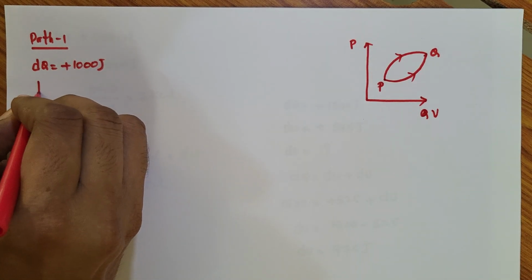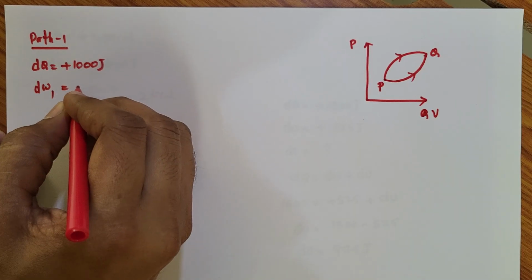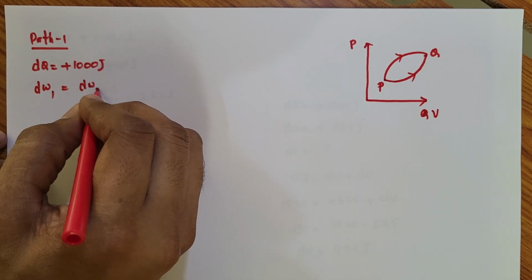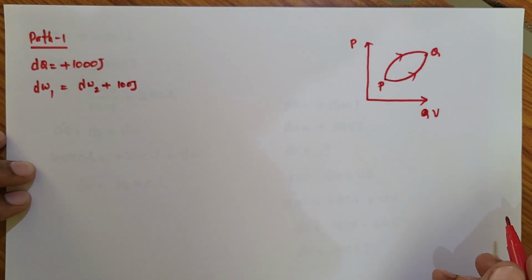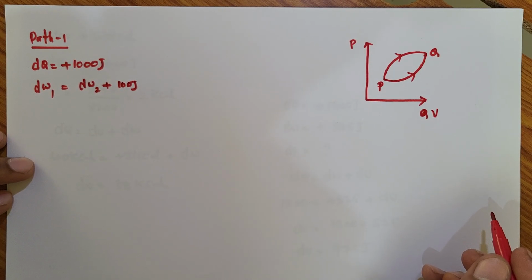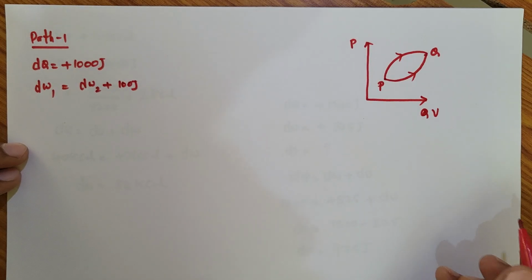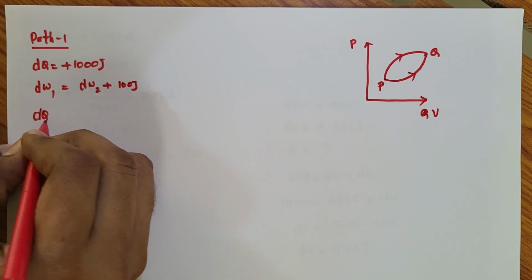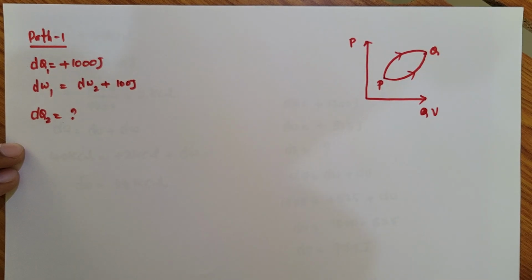It means that dW through path 1 is equal to dW through path 2 plus 100 joules. Now they asked us to find the heat exchange by the system in path 2. dQ2 is equal to question mark. This is the question.